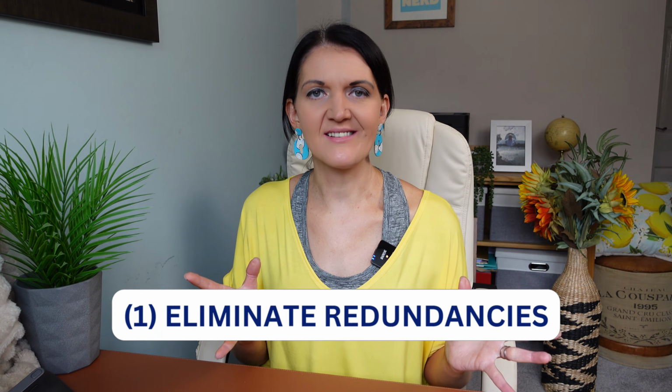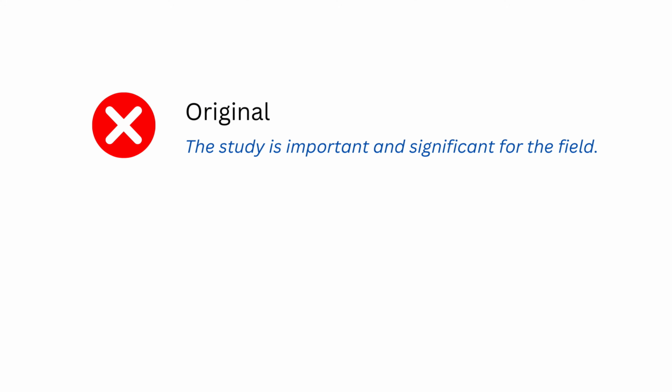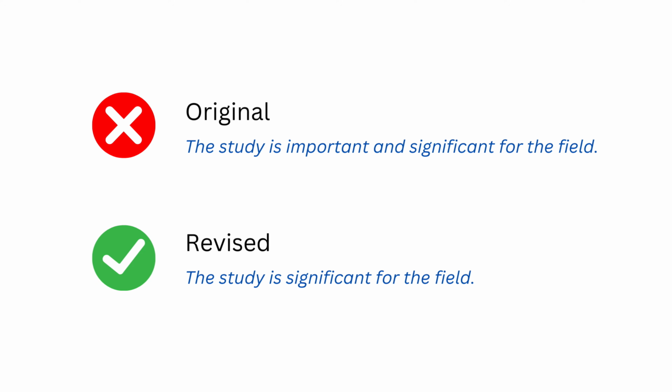Eliminate redundancies. Redundancies occur when you express the same idea more than once or use unnecessary fluff. This often happens subconsciously when you're trying to emphasize a point. However, cutting out redundant phrases is one of the easiest things you can do to reduce your word count. For example, rather than writing, "The study is important and significant for the field," just write, "The study is significant for the field."